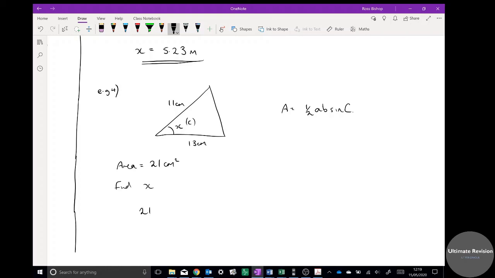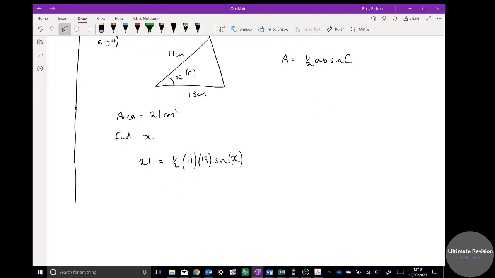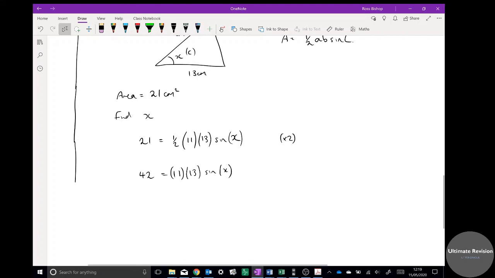I'm going to go straight in. The area, 21, is half times a times b times sine C. I've just replaced the letters with numbers. Now, because I've got a fraction there, hopefully we instinctively want to times this all by 2, which makes it a lot easier: 42. If I divide both sides by 11 and by 13, I get sine x.